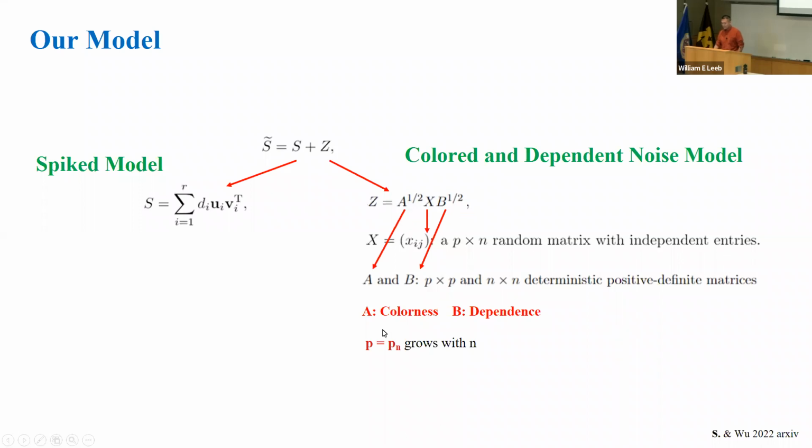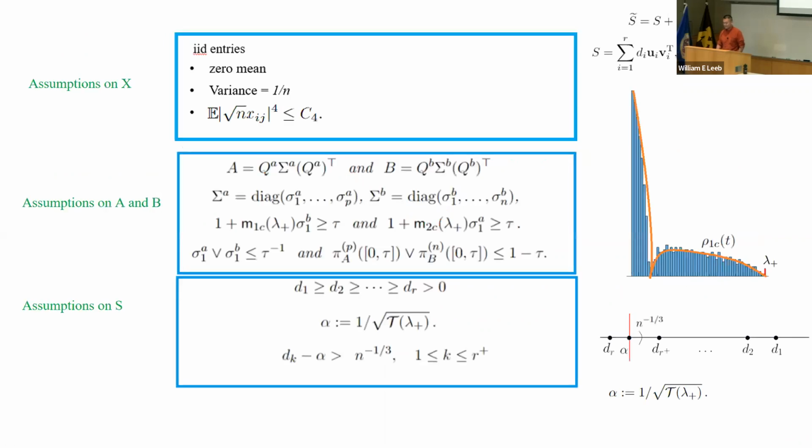And again, P grows with N, and P divided by N converges to the number beta. Here is the assumption for the noisy data: X has i.i.d. entries with 0 mean and variance 1 over N, and a finite fourth moment. Actually, it should be a finite 4 plus epsilon moment for some small epsilon.